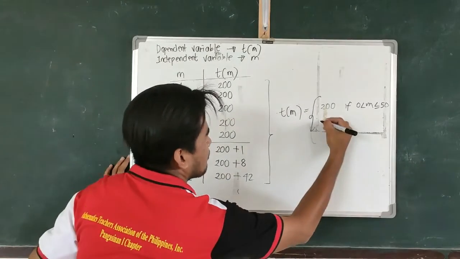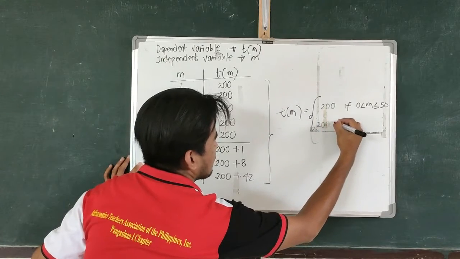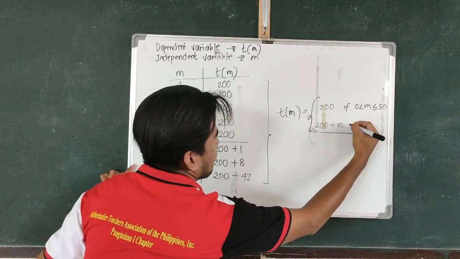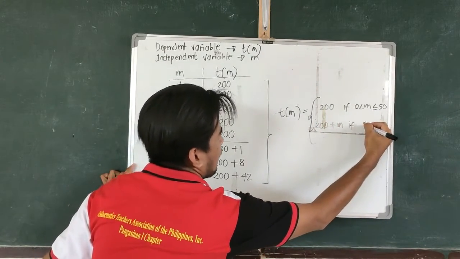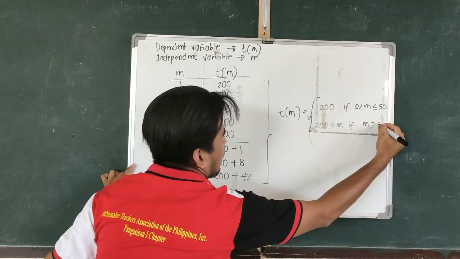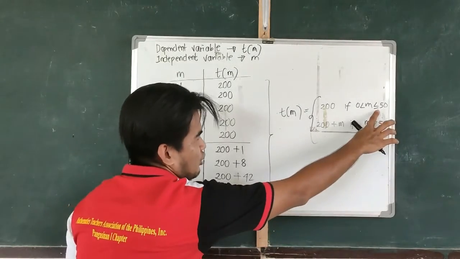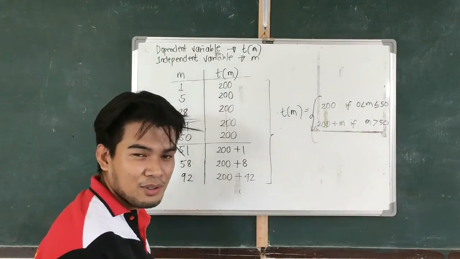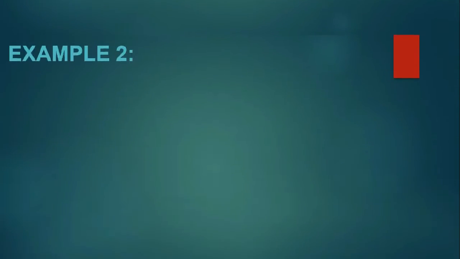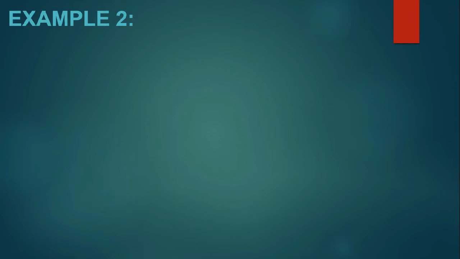So that means 200 plus M if si M ay lumagpas kay 50. So bakit wala na siyang or equal to? Kasi nga nagamit na siya doon sa taas. Okay? I hope na-gets ninyo yung solution doon sa example number 1. Let's proceed to our second example.